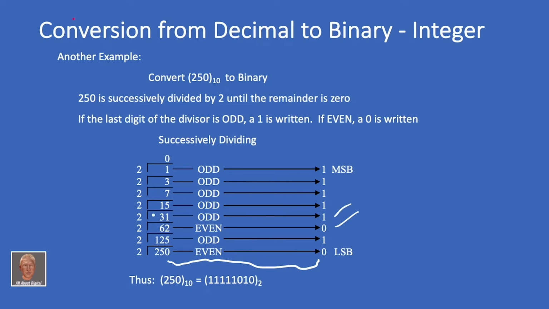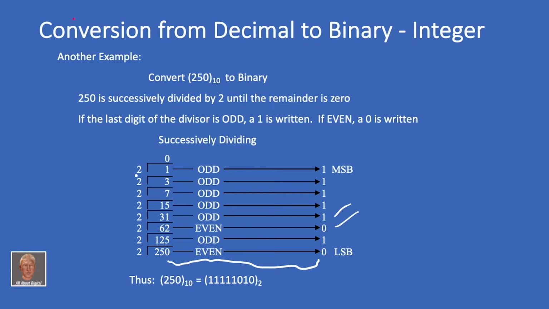Then 31 divided by 2 is 15, and that's an odd number. Again, 2 into 15 is 7. That's a fraction again. We don't care about the fractional portion. That's an odd number. And then 7 divided by 2 is 3. Again, a fraction, 3.5, so we ignore the 0.5. And that's an odd number.